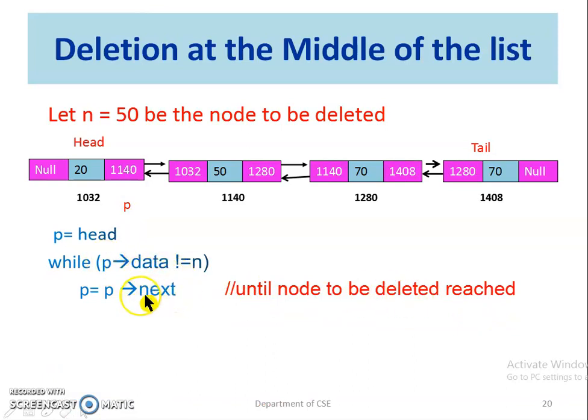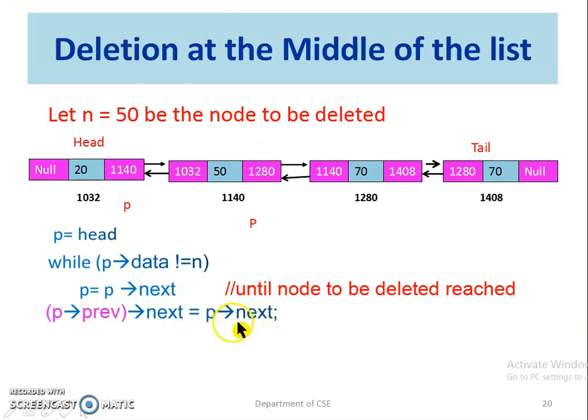This is done by progressing p to p.next and checking p.data for the n value, that is 50. Once the node to be deleted is reached, then make the next pointer of p.previous node point to where p.next is pointing to.